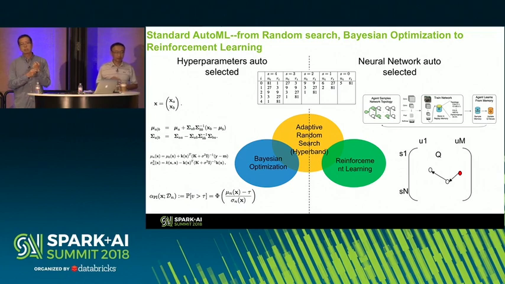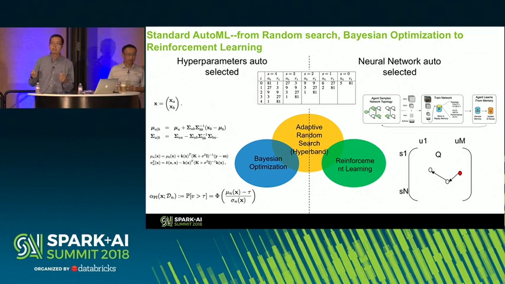In Bayesian optimization, we model the validation set accuracy or loss as a Gaussian process, and select the acquisition function as expected improvement, maximizing the expected improvement, and use this to select the hyperparameters for the hyperparameter search.